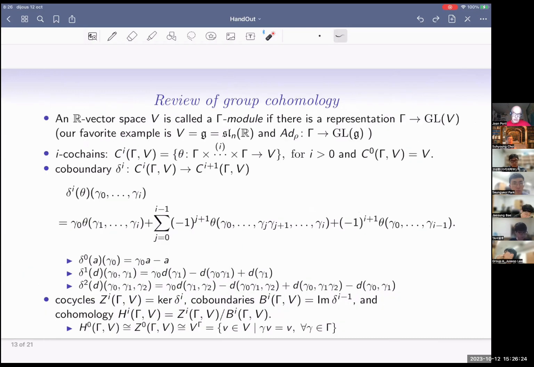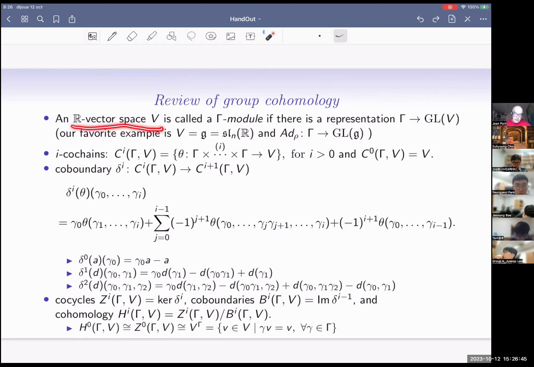I'm using here. So let me do some review of group homology. That's kind of standard, but these are things we are using all the time. So we are talking about the first homology group, but in fact we need more homology groups. So first, that was some notation.